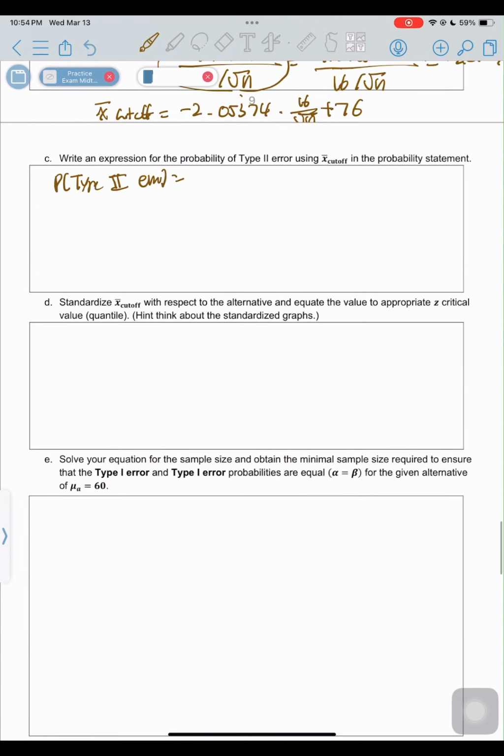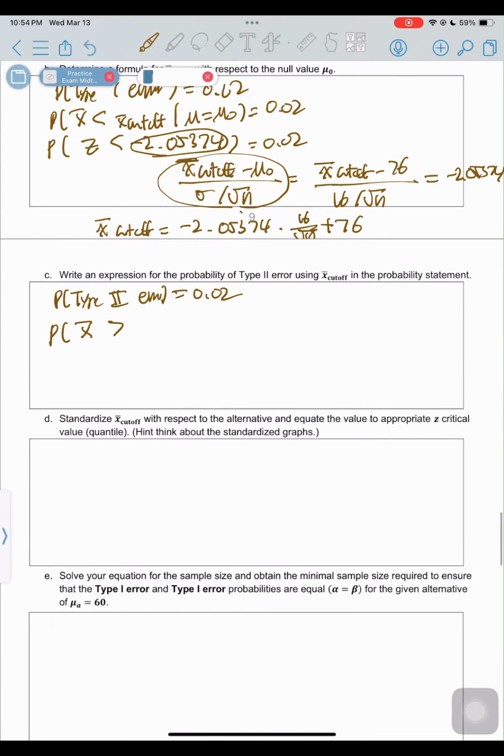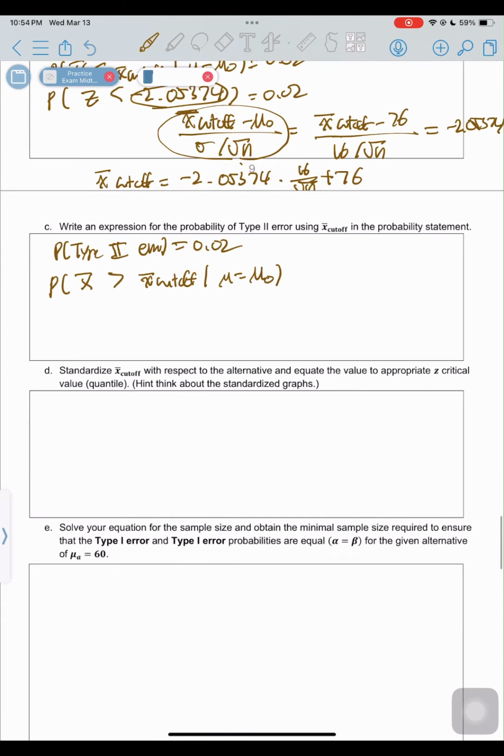Yes, we are given 0.02. That's lovely. And then type 2 error is P of X bar greater than the X cutoff, given that mu is equal to mu A. So that becomes 0.02.